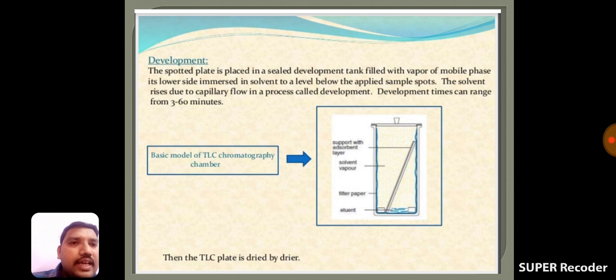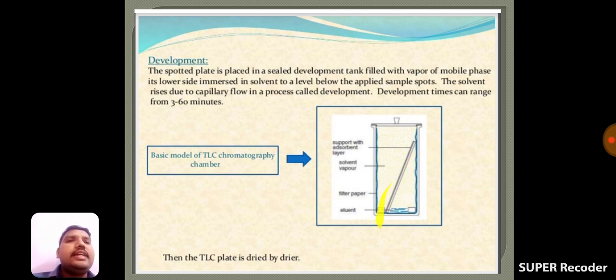In the sealed vessel there is an eluent, that is the mobile phase, and a filter paper. The purpose of the filter paper is to absorb the humidity present in the sealed vessel. Solvent vapor molecules move in this direction, with the support and adjacent absorbent layer.